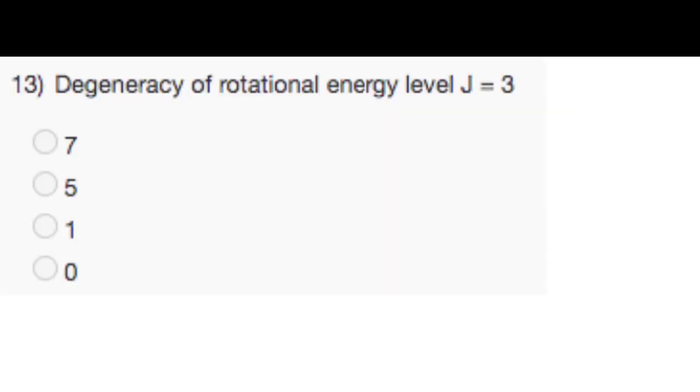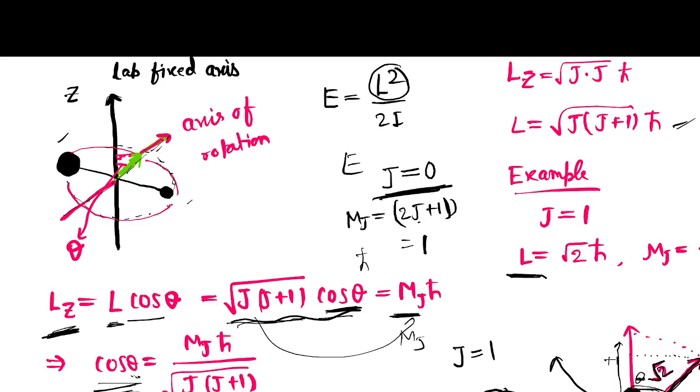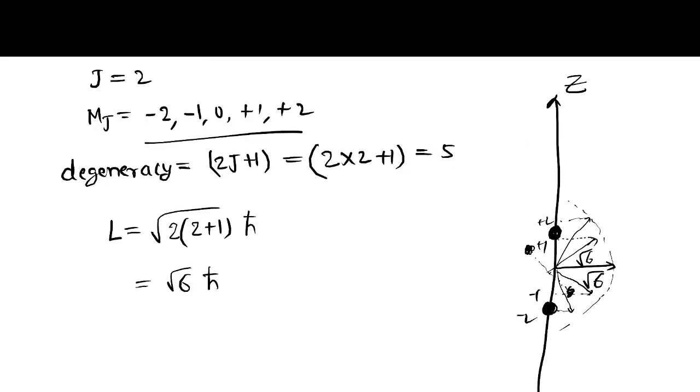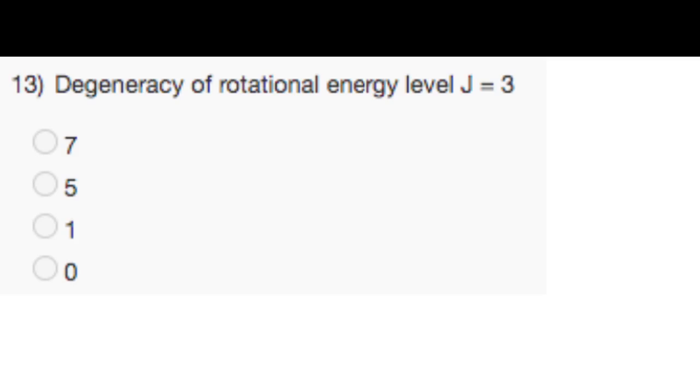Now, coming back to some problems based on these discussions. The first question is the degeneracy of the rotational energy level J equal to 3. So first I will calculate, then I will draw what is the meaning of that.